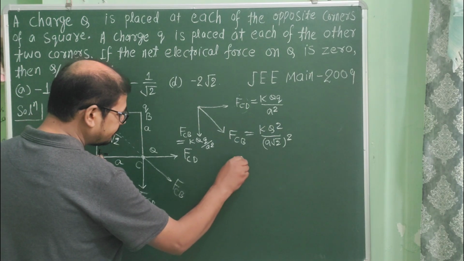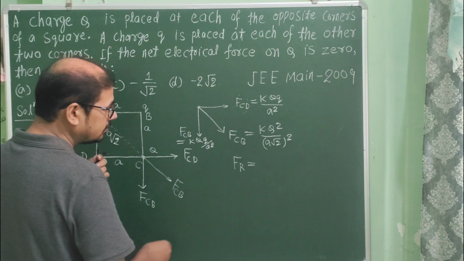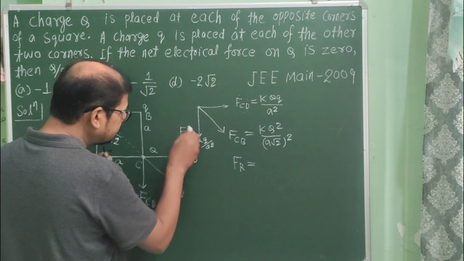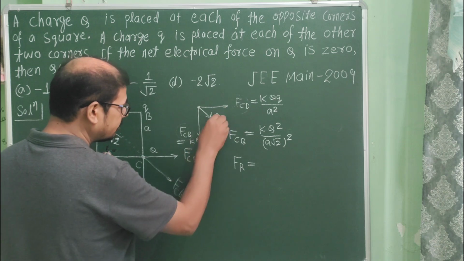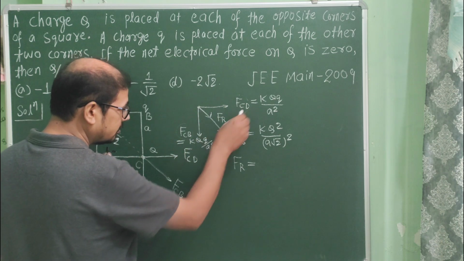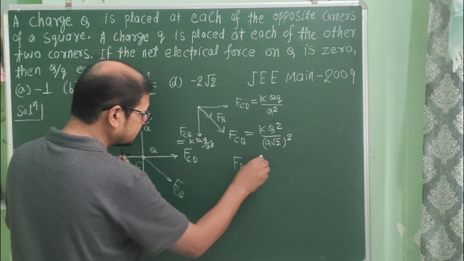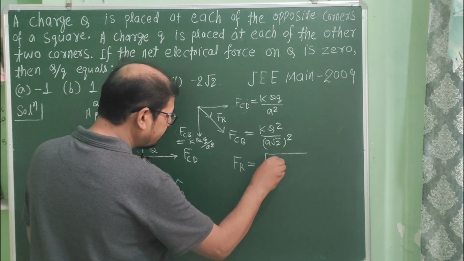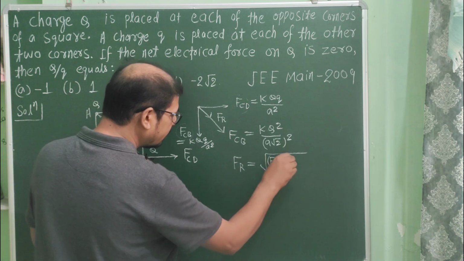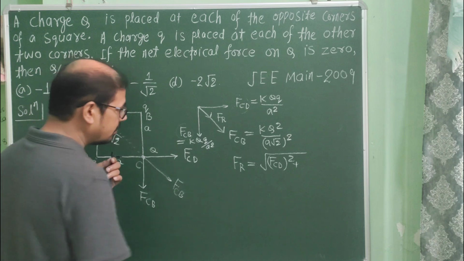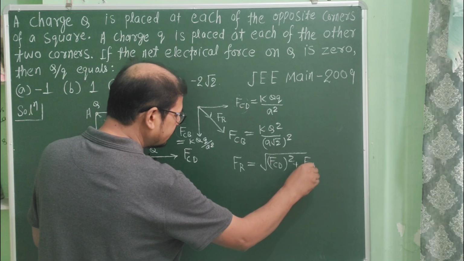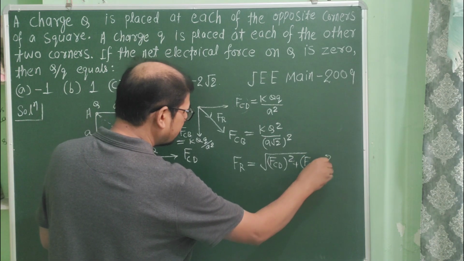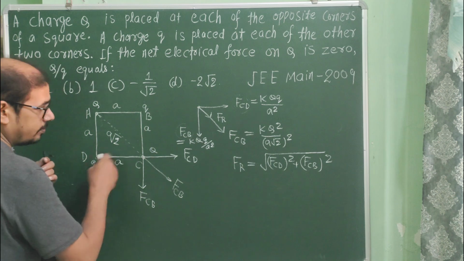Now, F_R equals the resultant of this force and this force, along with this force. F_R, the resultant of this and this, we can write as the square root of F_CD square plus F_CB square, correct?